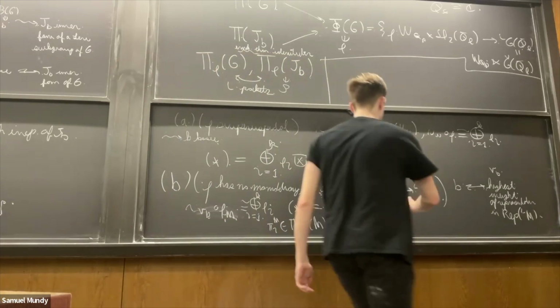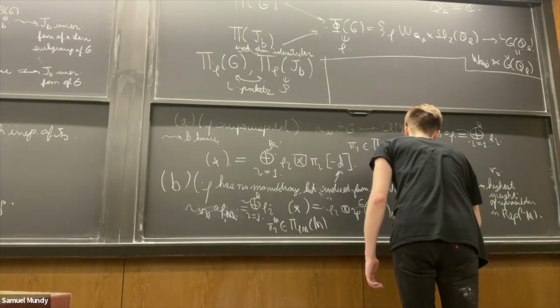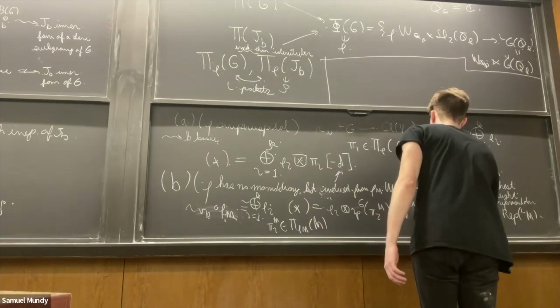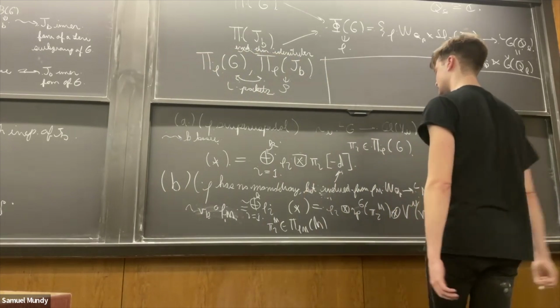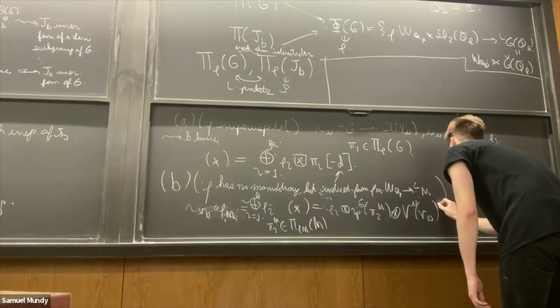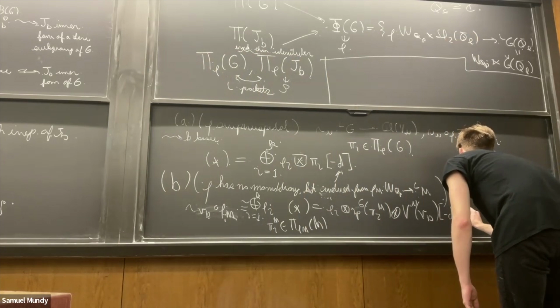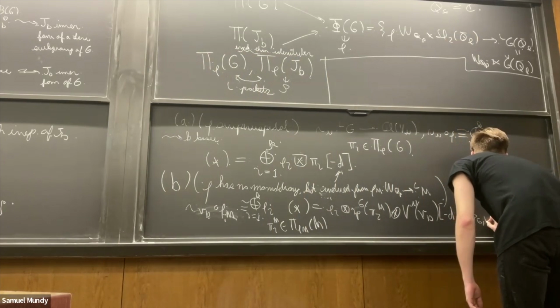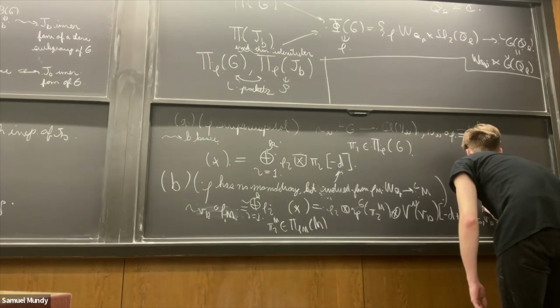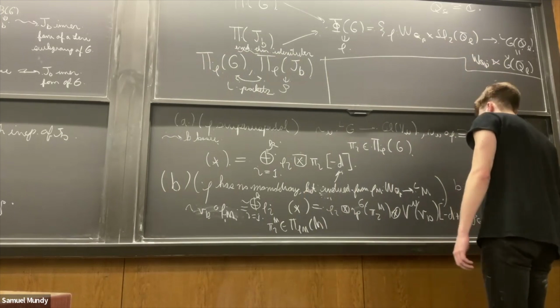And then there's something relating to this cocharacter nu. So there's some kind of weight space that gets tensored by this. And so this is not quite concentrated in middle degree, but middle degree offset by some quantity coming from the slope polygon. This is the slope polygon of this element U B.